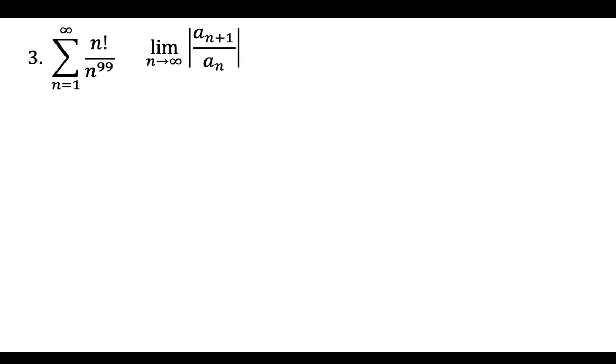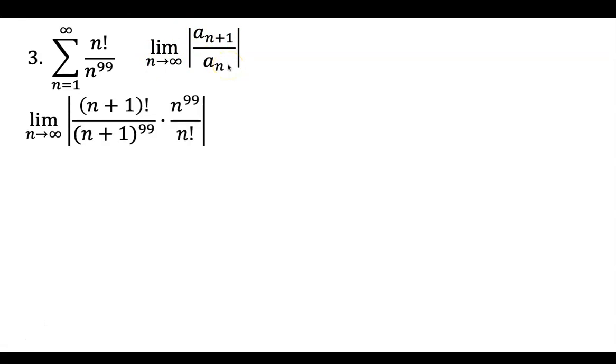So again, I'm going to take the limit at infinity of the new term over the previous term and see how it compares to 1. The n plus 1 term simply means I'm going to replace all n's with n plus 1's. So n factorial becomes n plus 1 factorial. N to the 99 becomes n plus 1 to the 99.